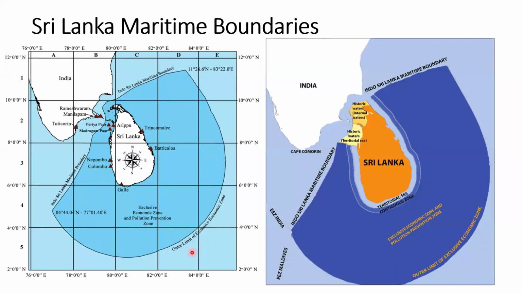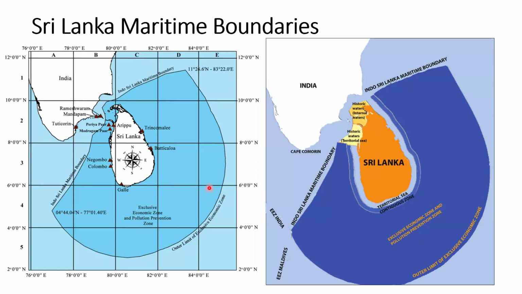This is the outer limit of the exclusive economic zone. Then this is international sea area. Up to this area, the Sri Lankan government has to do a lot of legal and other rescue missions. We will learn about those things.